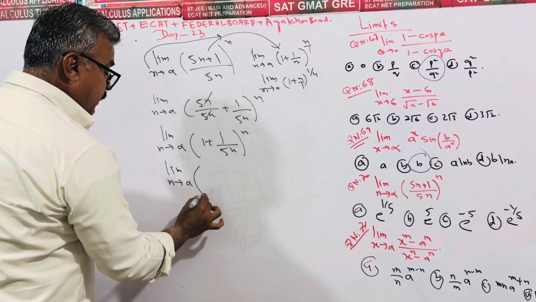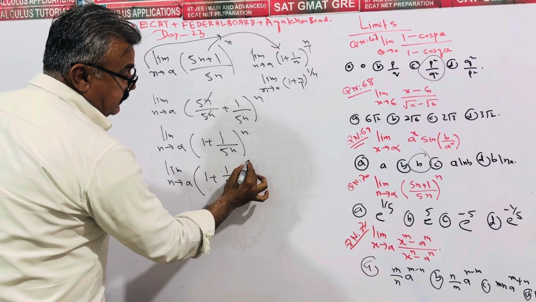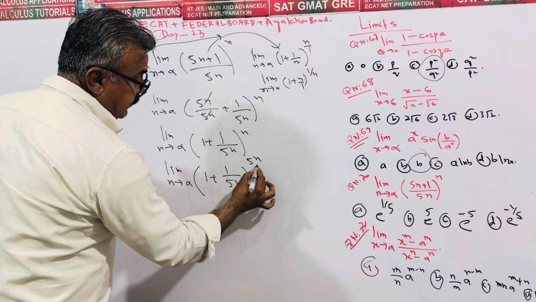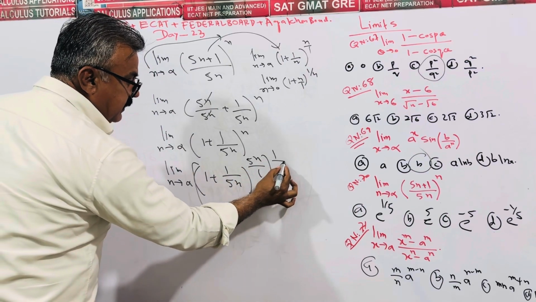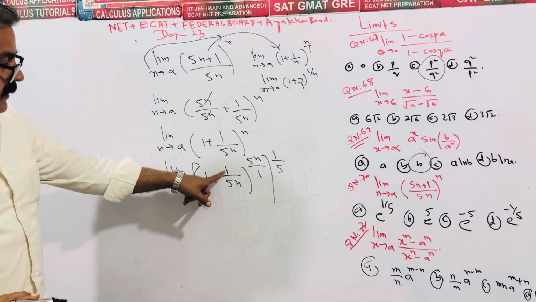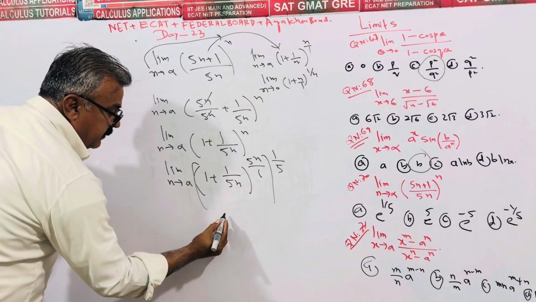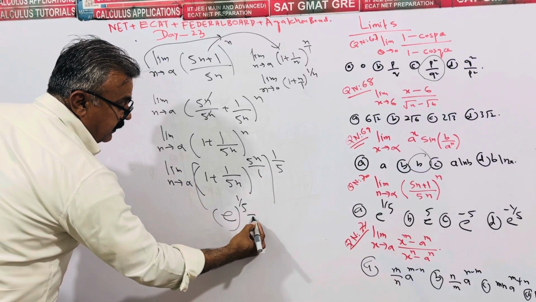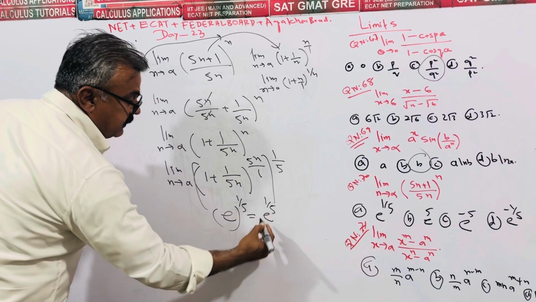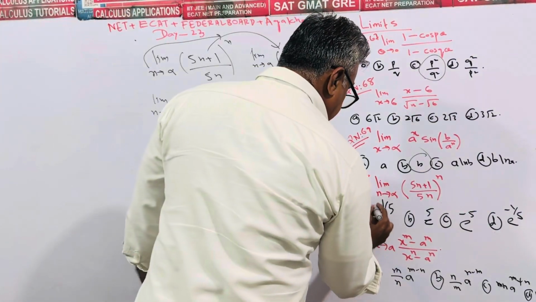Limit n tends to infinity, (1 plus 1 over 5n) raised to 5 times n, multiplied by 1 over 5. Now look at 1 over 5n and 5n over 1. Same situation here. It is tantamount to e with overall power 1 over 5. E raised to 1 over 5 is our answer.